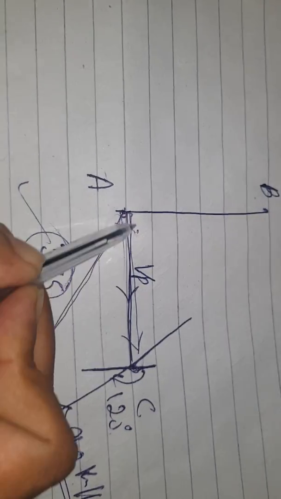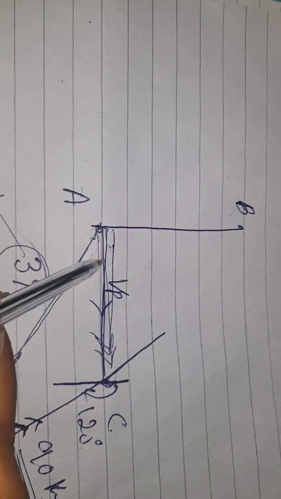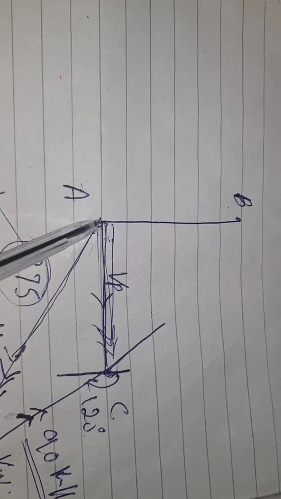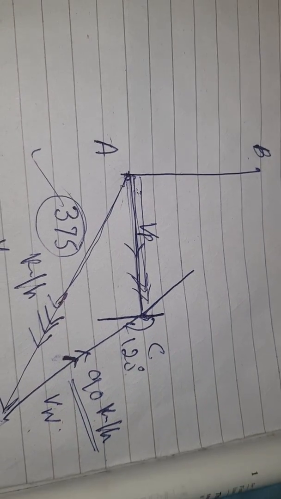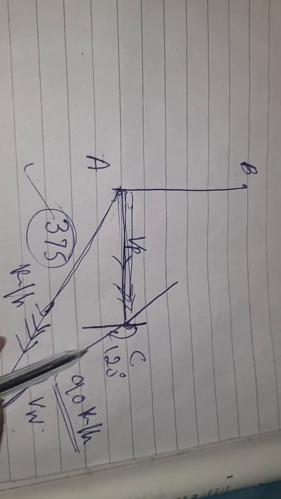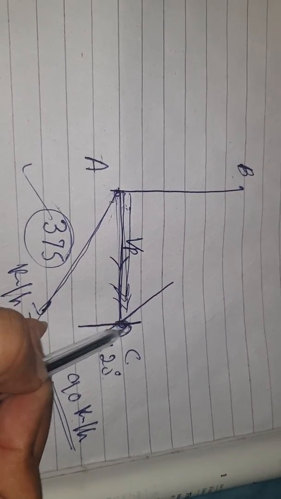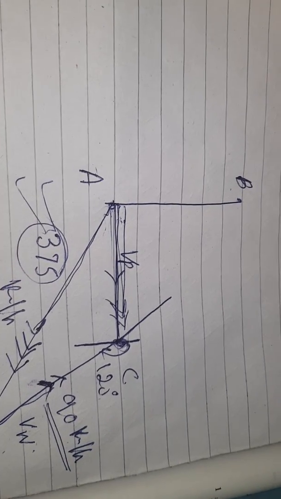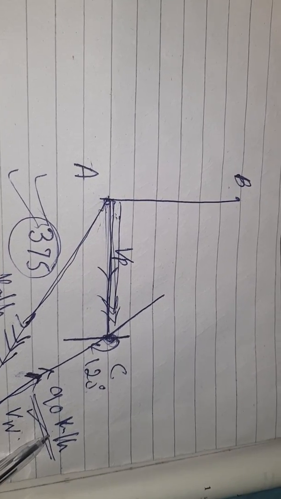As I told you, first plane to wind. This is the actual direction, but the wind would not let it go directly from A to C. So first he will go from A in this direction, and then the wind will take it back to its actual target C. So this is 375 kilometers per hour, and this is 90 kilometers per hour.